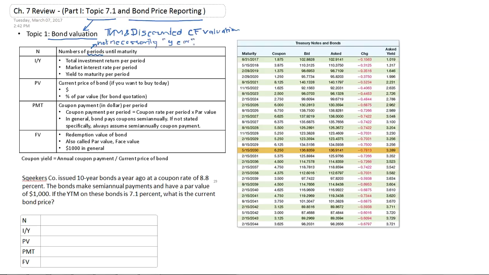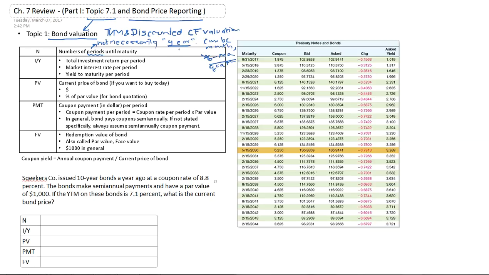It can be a month, or 6 months, or a quarter. But generally for the bond topic, you're usually dealing with a 6-month period or a year.